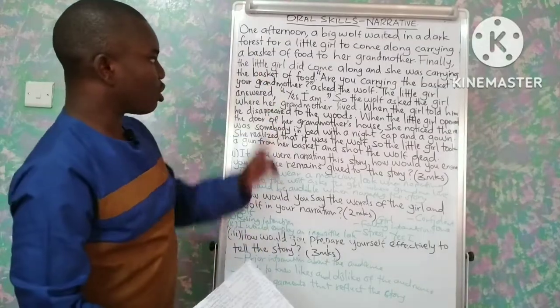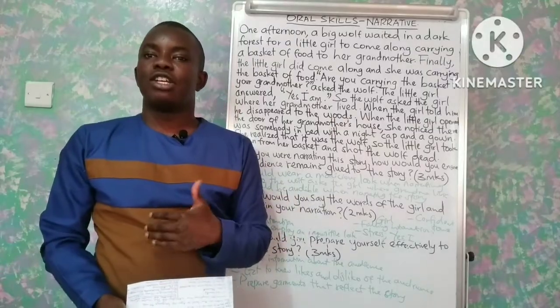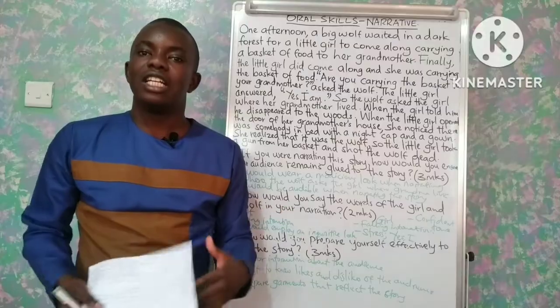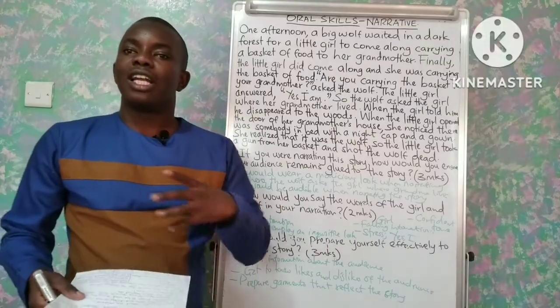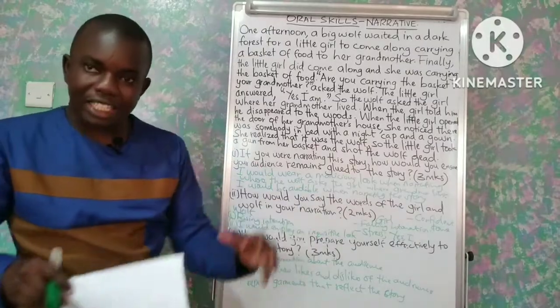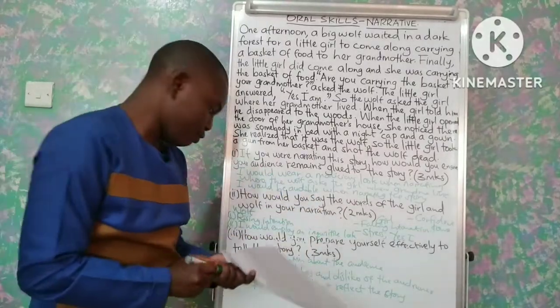Because in the story, there is the mention of a dark forest. So I would don, let's say, leopard skin, or banana leaves, to reflect the content of the story that I'm going to give.